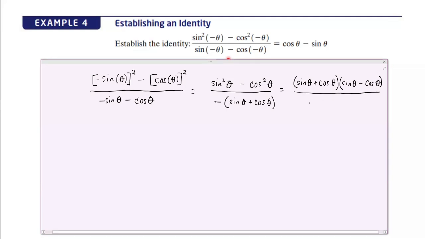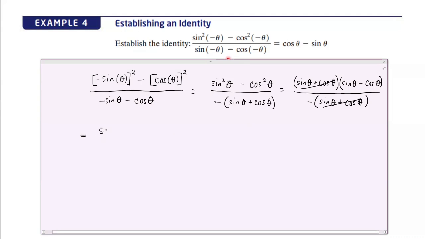All right, and then down here, I've got this -1 times sine theta plus cosine theta. And then I've got a common factor, this sine theta plus cosine theta. We'll divide into itself. Leaves me only with a -1 down below.